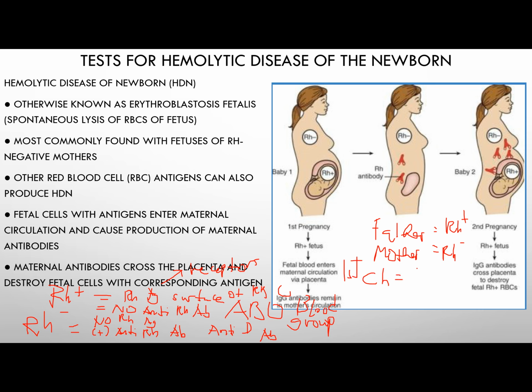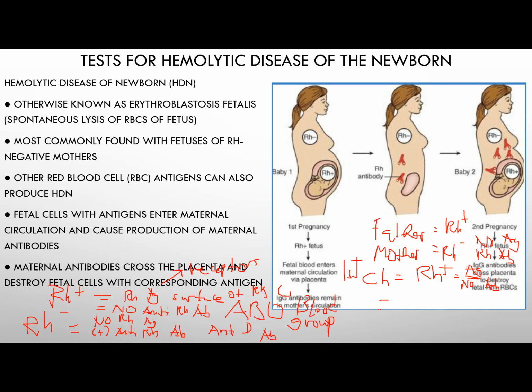If the first child becomes Rh positive, ulitin natin, kapag Rh positive, again, meron siyang Rh antigen, no antibody. Si mother mo ngayon, yung mother na Rh negative, has no antigen but has an Rh antibody. What happens here, because the first child is Rh positive, this will now cause the exposure of the Rh antigen to the mother's Rh antibody.